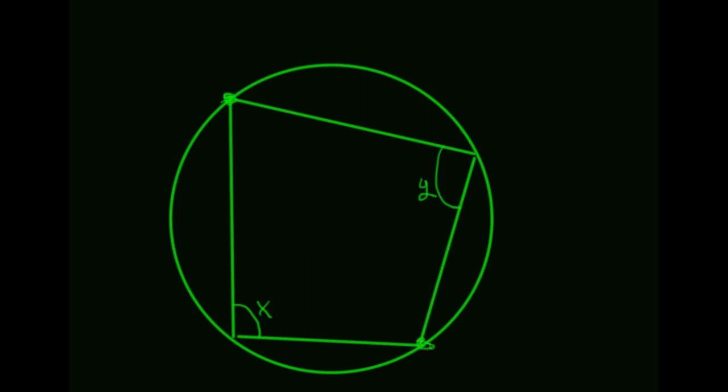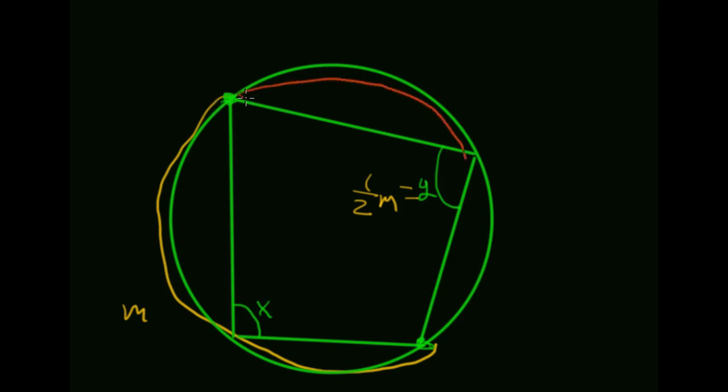The Y angle is this arc, right? So maybe we'll call this M. Y is 1/2 of M, and X belongs to this arc, right? So this one going around this way. Let's call that N. X is 1/2 of N. So note, if I take the arc measure M plus the arc measure N, that's 360, because that's a full circle going all the way around.